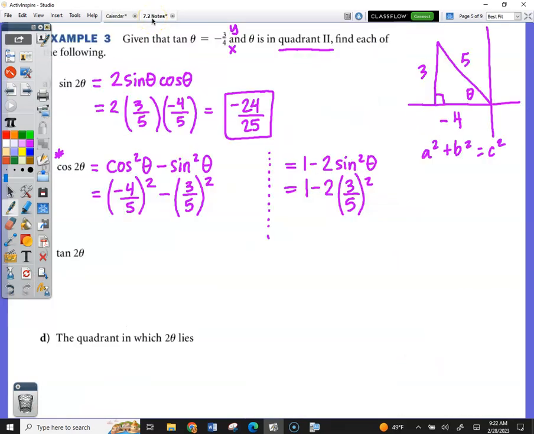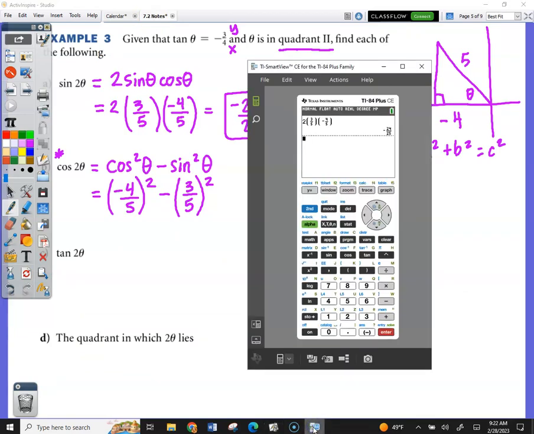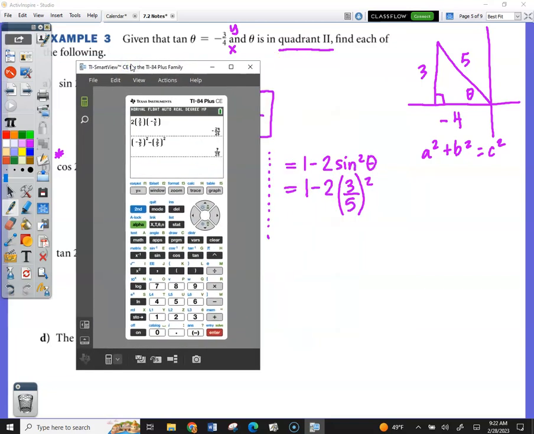All right, and then now you go to your calculator and you let the calculator clean this mess up. You type it exactly how you see it. Did you get 7 over 25?